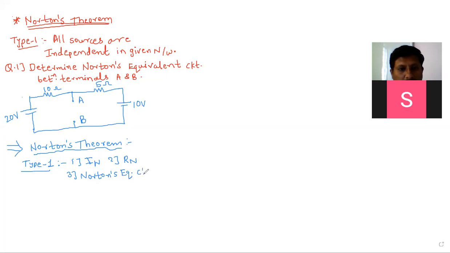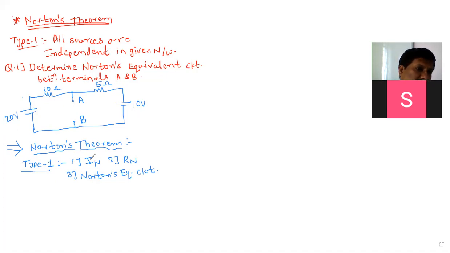The first step of type 1 is to identify the two terminals with respect to which we find the Norton's equivalent circuit. The terminal names are A and B. Already it is given and already it is open, so the first step is already done by the question. We can move towards the second step.